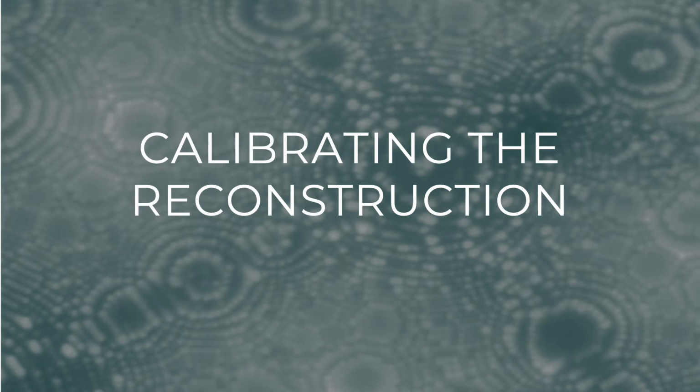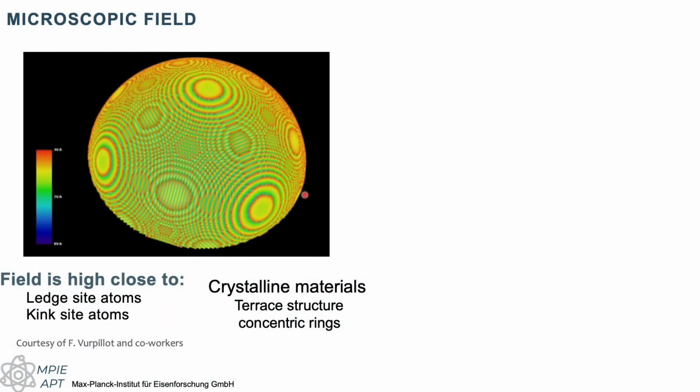So how can we actually do the calibration of the reconstruction? Let's get back a little bit to what the specimen shape is like. So typically for crystalline material, we end up with a series of terraces at the specimen apex, or the end of the needle, corresponding to the set of crystallographic planes.